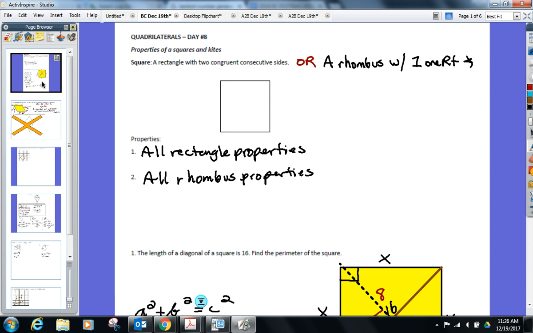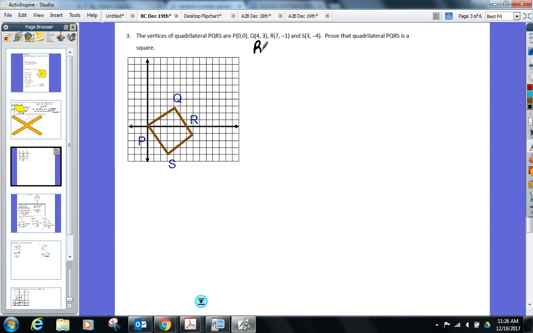So we're going to make a class decision right now. We're going to go rhombus with a right angle, or we're going to do rectangle with 2 consecutive sides congruent.